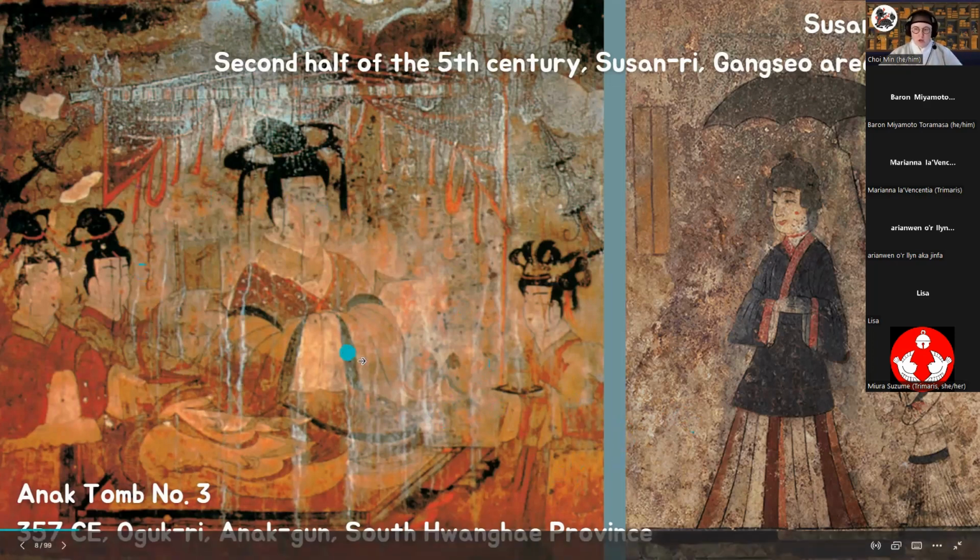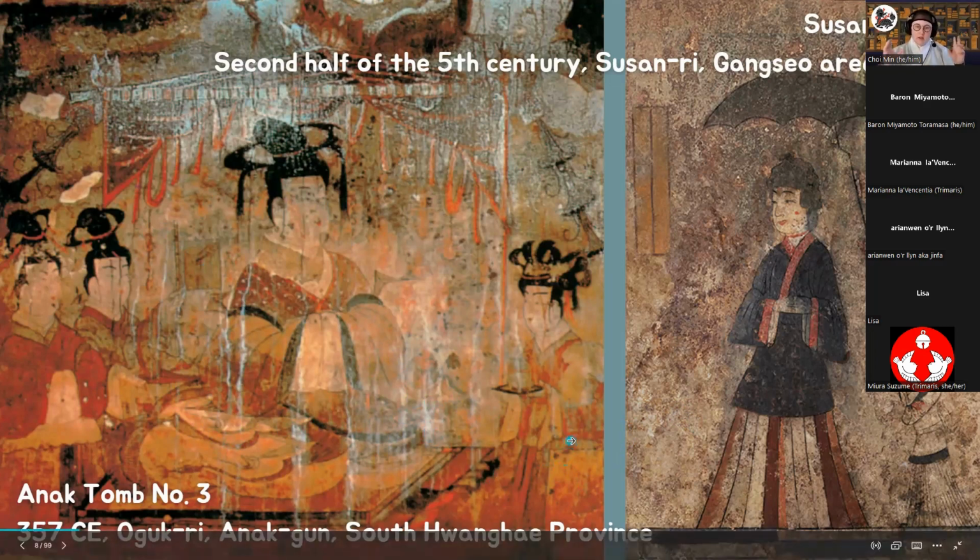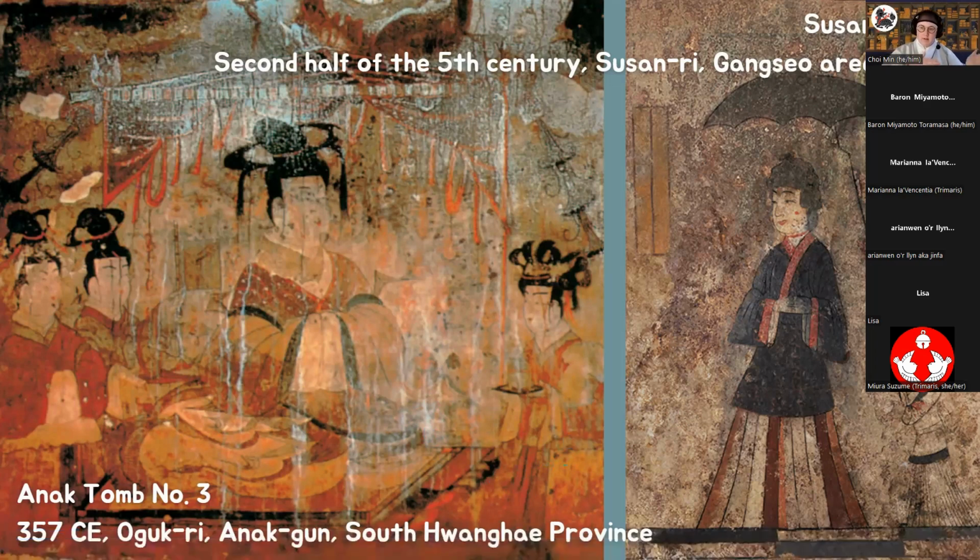So this tomb occupant would have been possibly someone who had made the Korean peninsula their home. They were a governor there or something, and then when they passed away, they were buried there. They didn't get shipped back home, because I think what I had read was if they were a Han Dynasty native, like a diplomat, and they were just there temporarily as a governor, they would have gone back and then passed away in China.